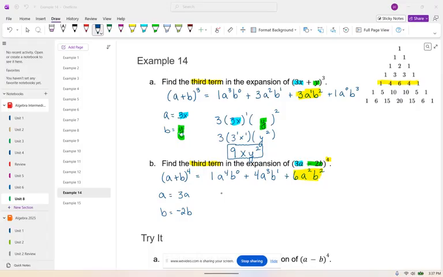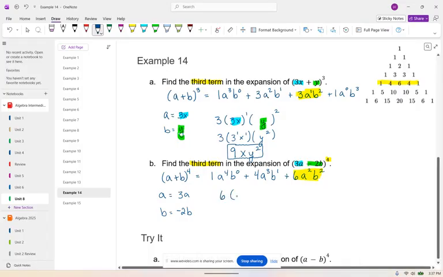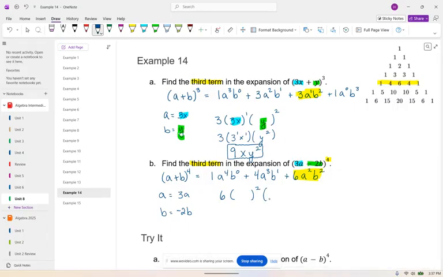All right, let's go ahead and write it out. We'll have 6, and then a set of parentheses squared, and another set of parentheses squared. In the first set, we'll put in a, which is 3a. And in the second set of parentheses, we'll have negative 2b.